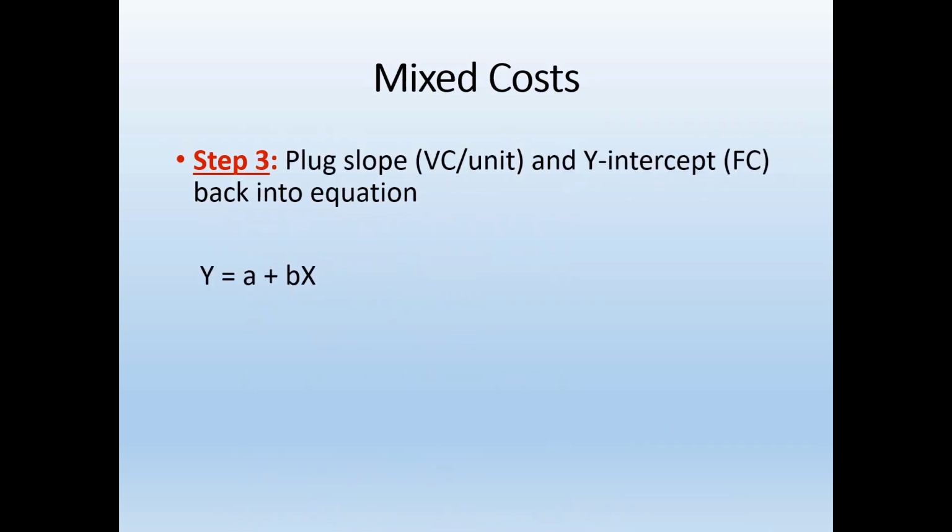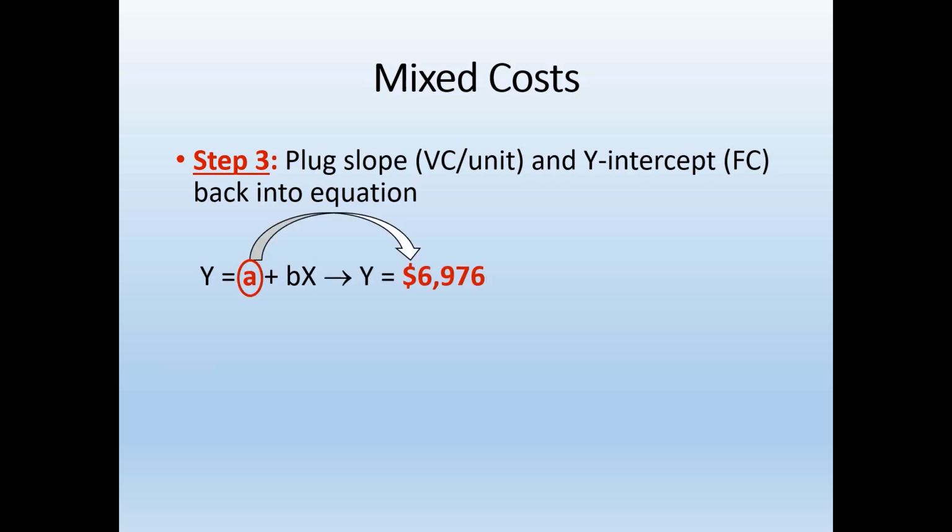Now that we know the variable cost per unit and the y-intercept, we can plug these values back into our basic equation for a straight line, y equals a plus bx.